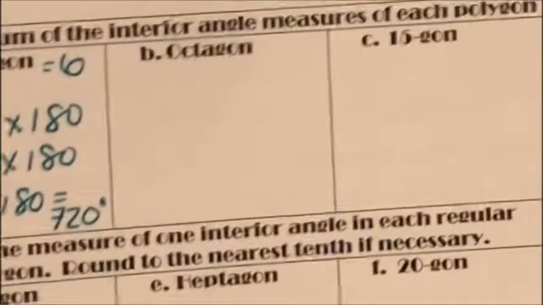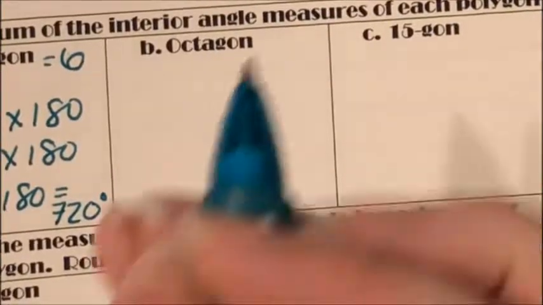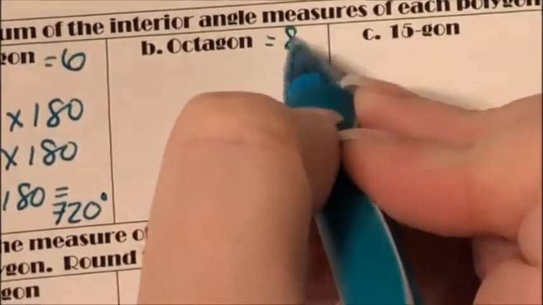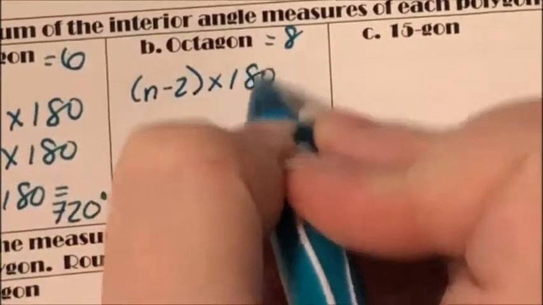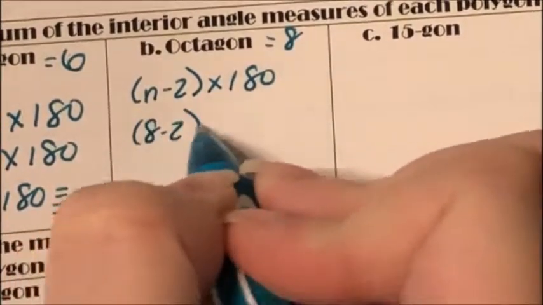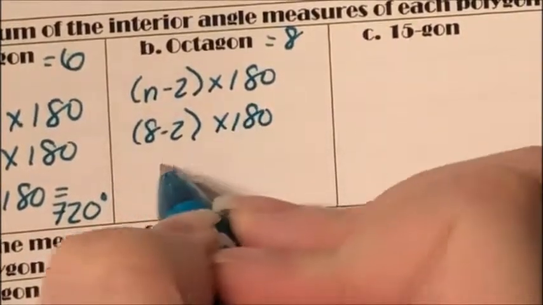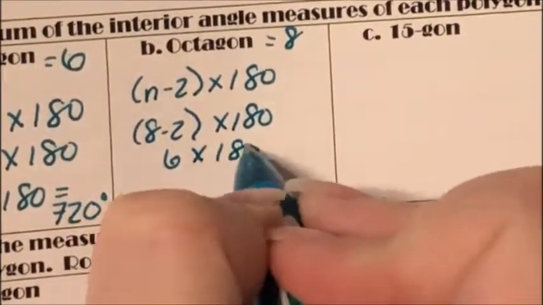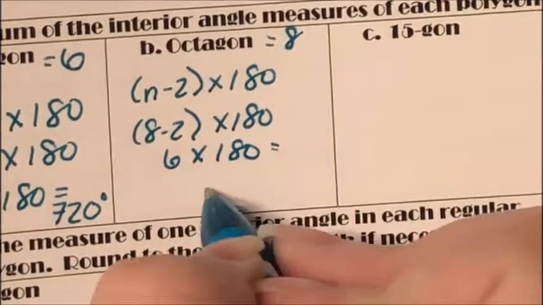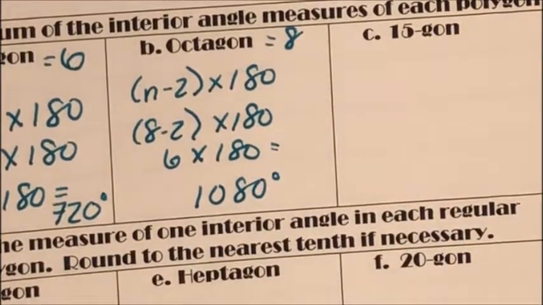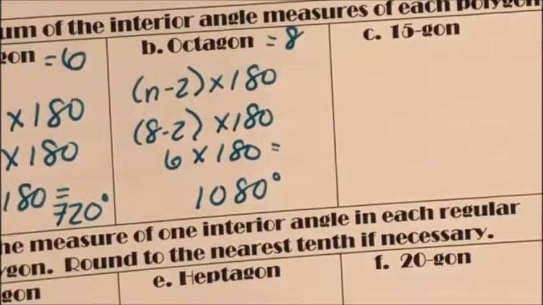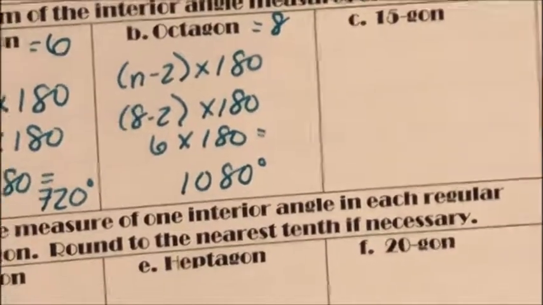Okay. Letter B is an octagon. An octagon has 8 sides. So here's my formula: 8 minus 2 times 180, so 6 times 180 equals 1080 degrees. Remember, I'm just finding the sum. I'm not finding specific angles.